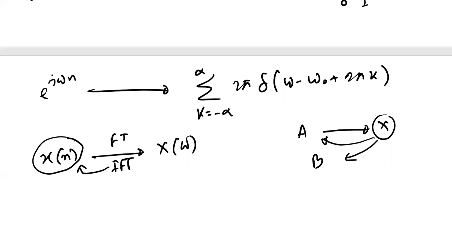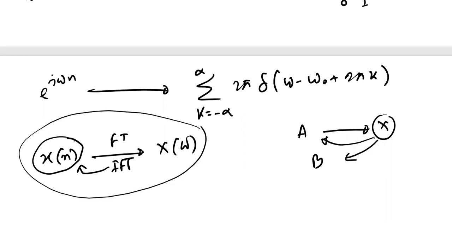So there are two ways you may go. That is not a one-to-one function. This is called a one-to-many function. Fortunately, the Fourier and inverse Fourier transforms are one-to-one functions. So this is enough to prove that e to the power j omega 0 n has the Fourier transform of this. This is easy from the mathematical point of view.